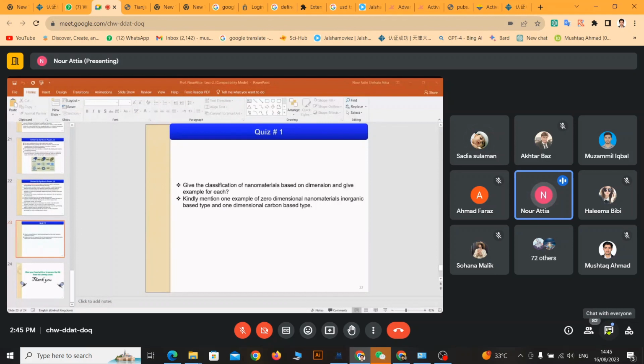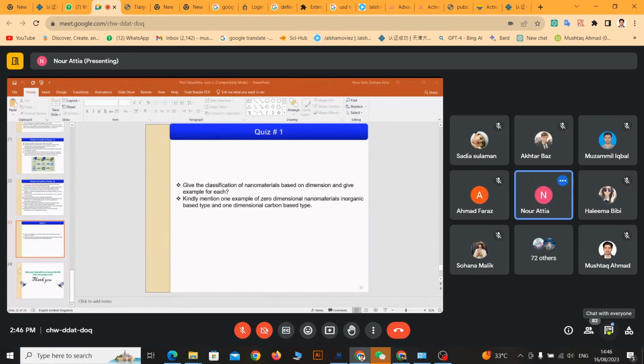Do you understand me? So I will answer the two questions carefully. The first question is to give the classifications of nanomaterials based on dimension and give an example for each one. We have four types of nanomaterial based on dimension: zero dimensions, one dimension, two dimensions, three dimensions. Zero dimension is nano in all directions, so we have spherical nanoparticles, for example quantum dots, polymer nanoparticles, titanium dioxide nanoparticles.